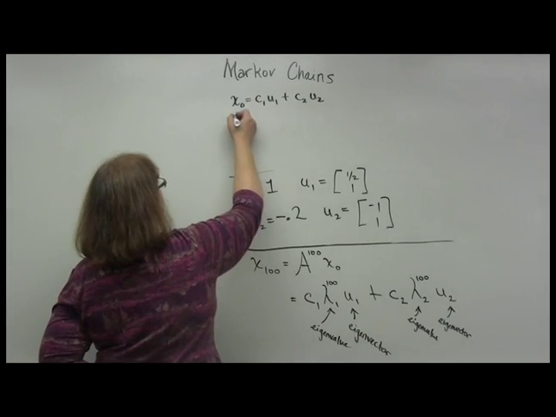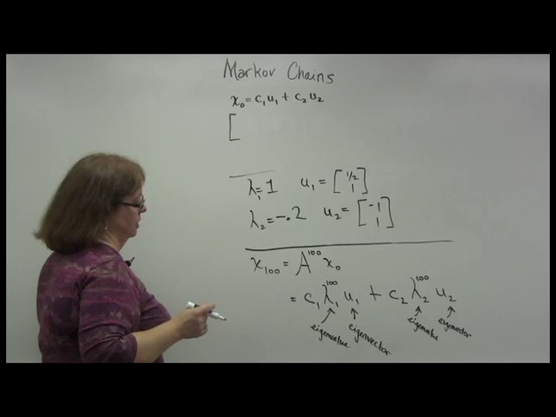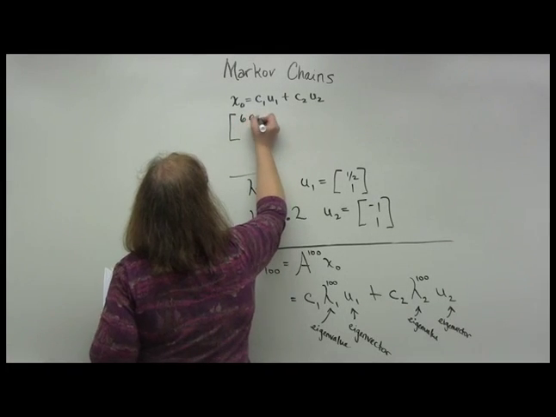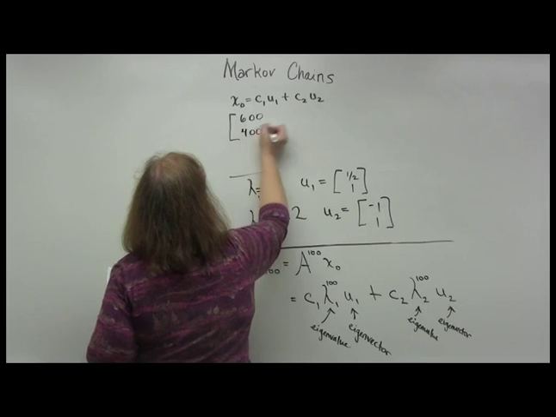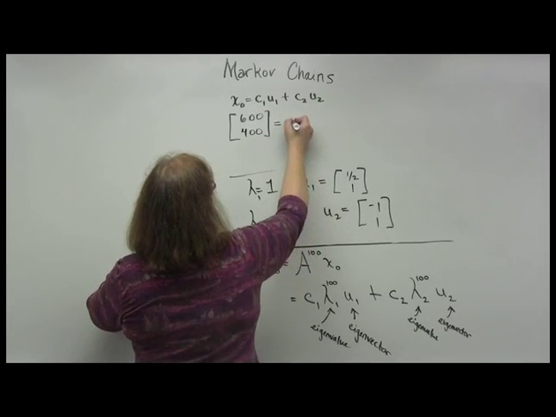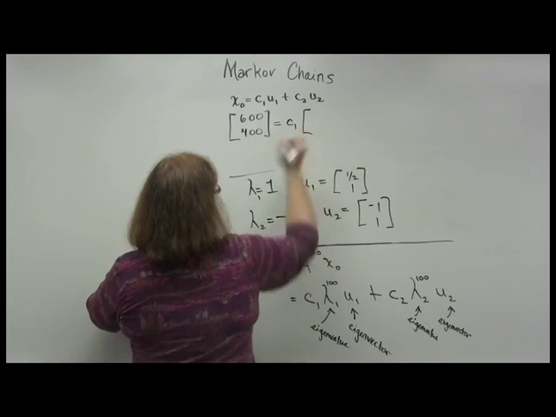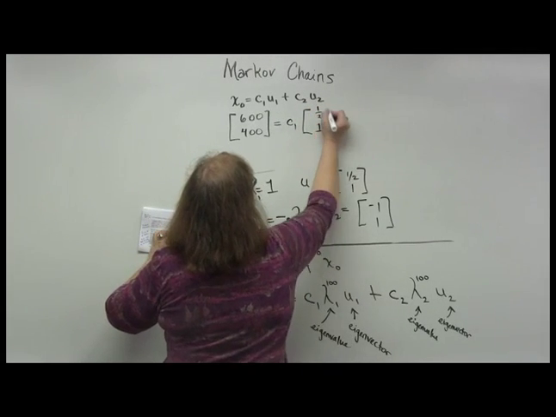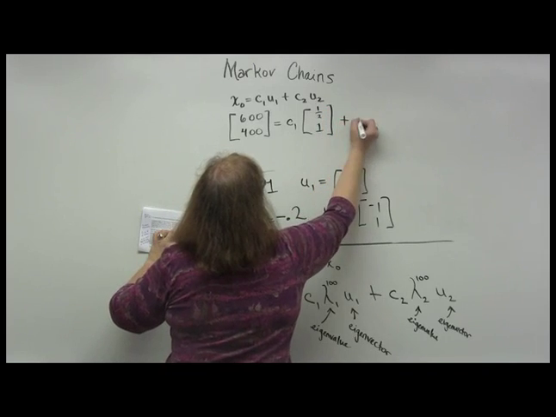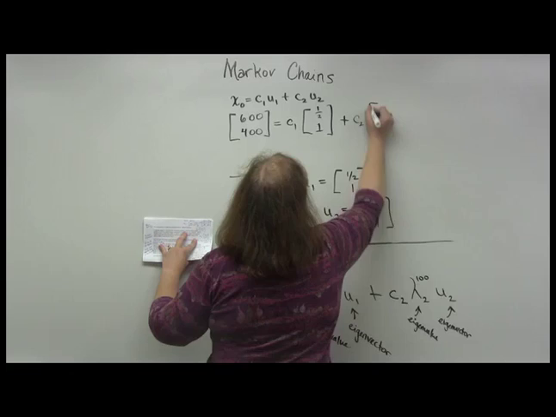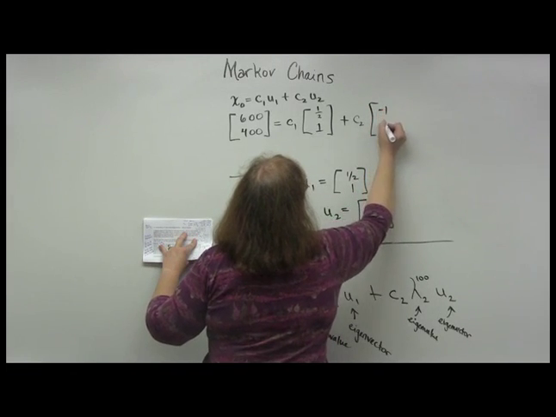So I want to be able to write my initial state vector, which in this problem was 600, 400, equals C sub 1, which I'm going to calculate, times my u sub 1, which was 1/2, 1, plus C sub 2 times my u2, which was negative 1, 1.